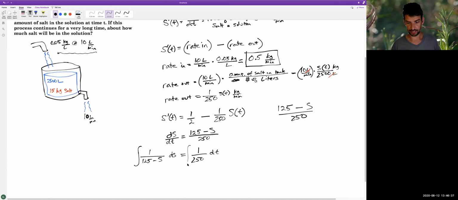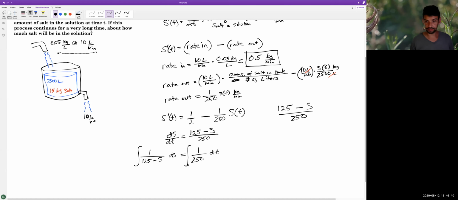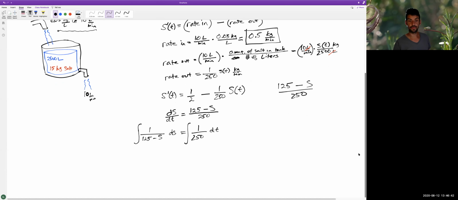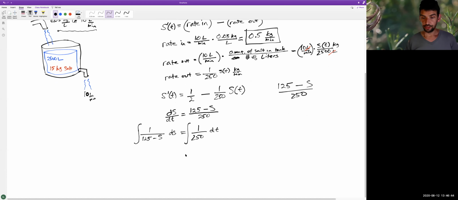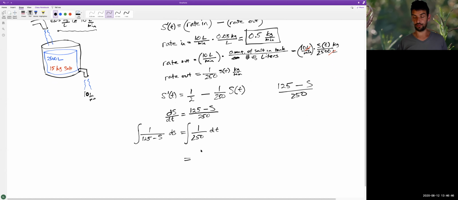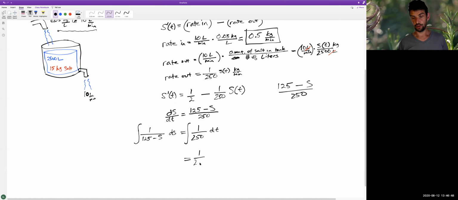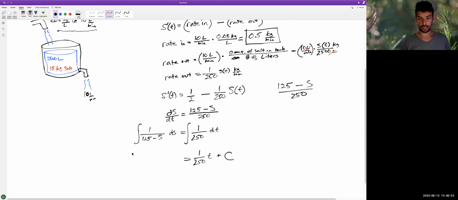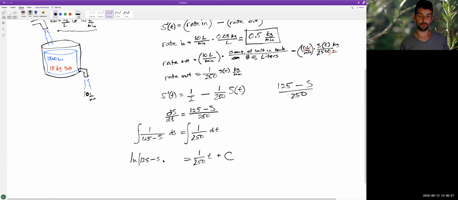And now I'm taking an antiderivative of both sides, okay? All right, so the right-hand side is pretty straightforward. This is going to be 1 over 250 t plus a constant. Here, I'm going to have the natural log of the absolute value of 125 minus s.